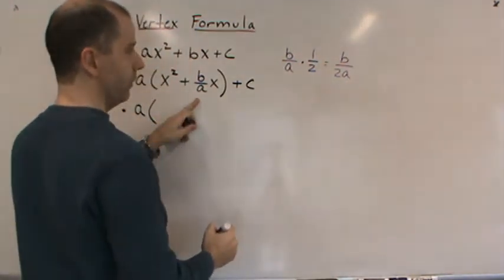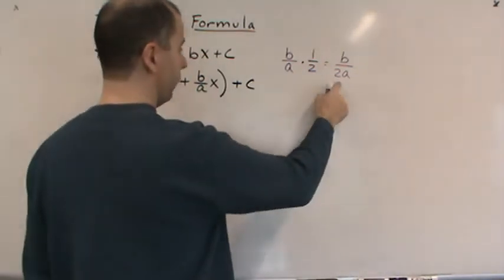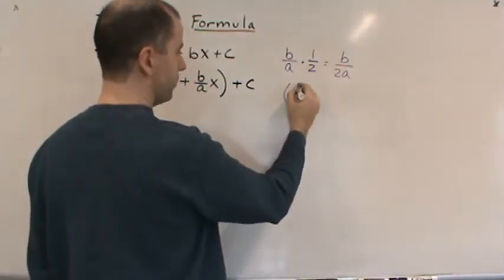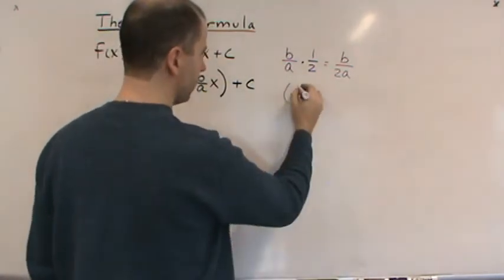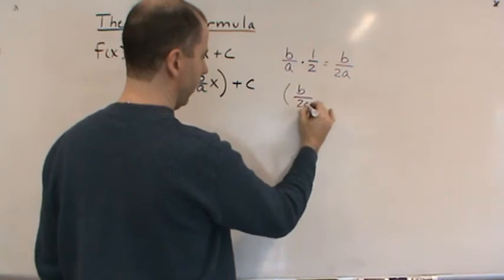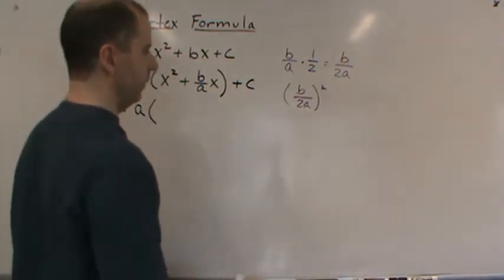Some of you, this might look familiar already. Then we square it, so we get b over 2a squared.